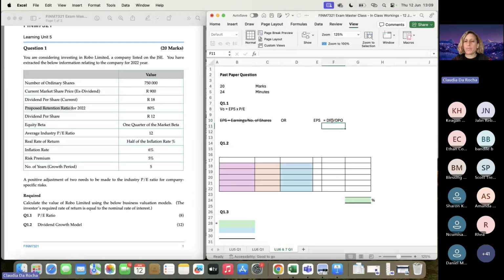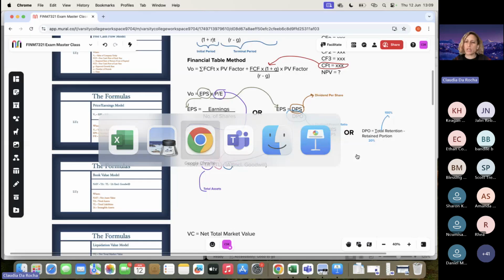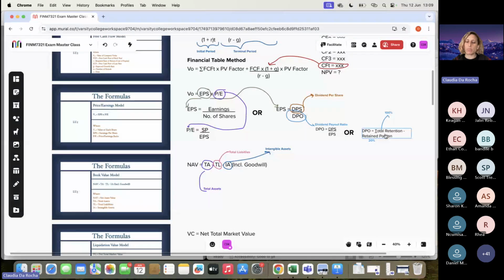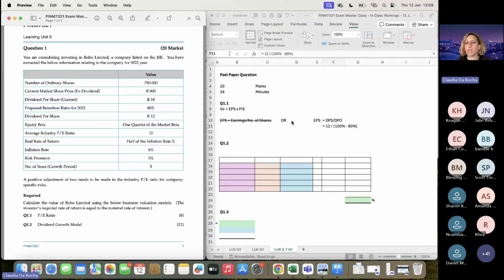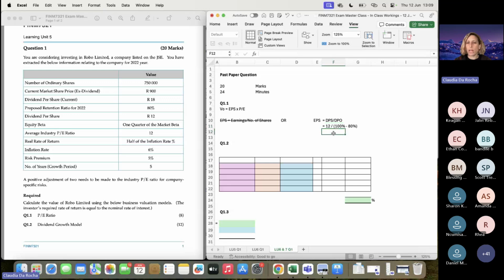In terms of that, it's equal to our dividend per share, which is 12, divided by our dividend payout ratio, which, remember I said to you, is 100% minus the 80%. Just to remind you where I'm getting that from, remember we said total retention minus the retained portion. Here in this question, they've literally told us that we're retaining 80%. So obviously the remaining is what we have.